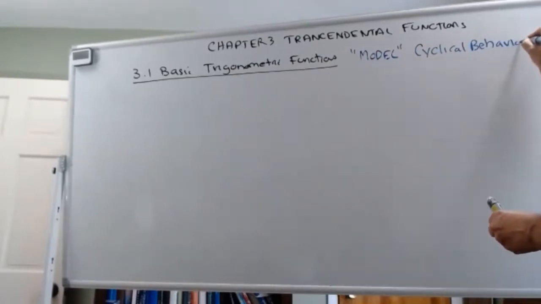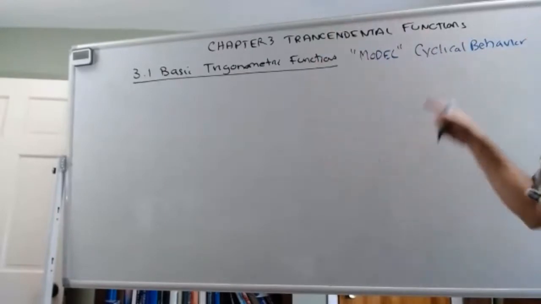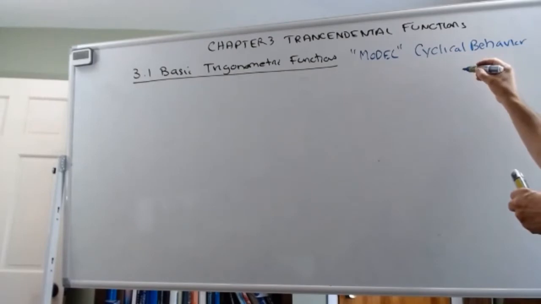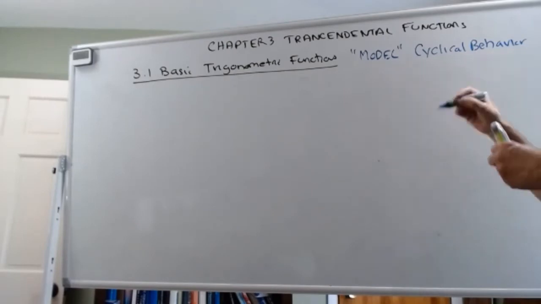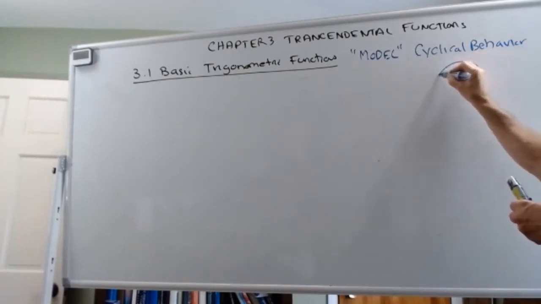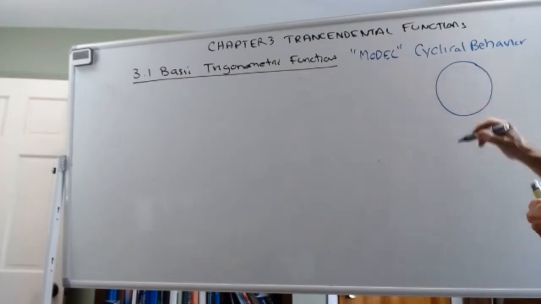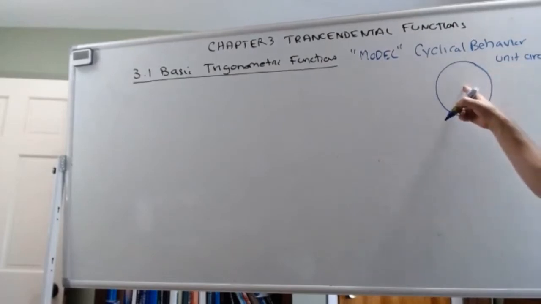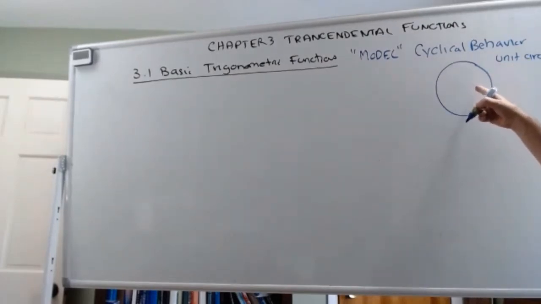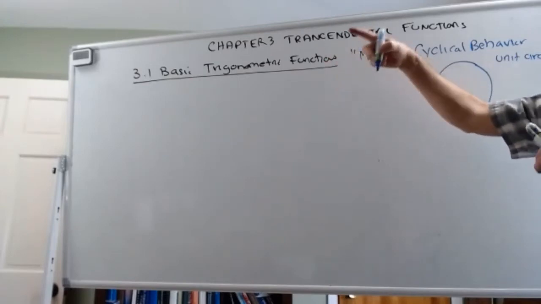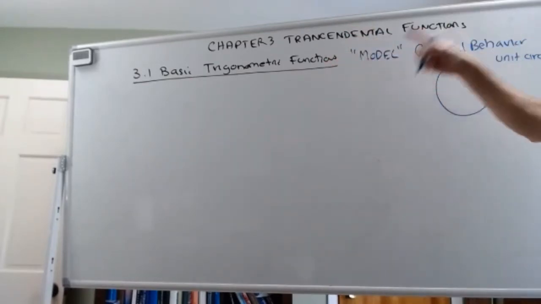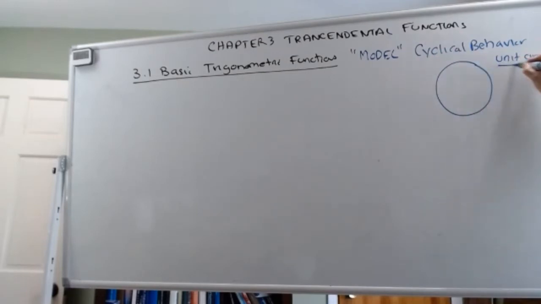So we want to emphasize this cyclical behavior of things, and the most obvious thing to represent cyclical behavior is a circle. So we're going to be using a unit circle, and we're going to see there's a lot of power in using this concept of the unit circle to define and show some basic ideas and connections of these basic trig functions. So that's going to be our focus.